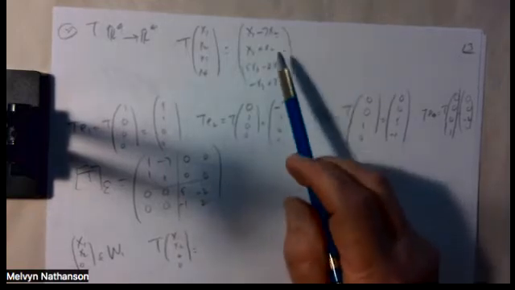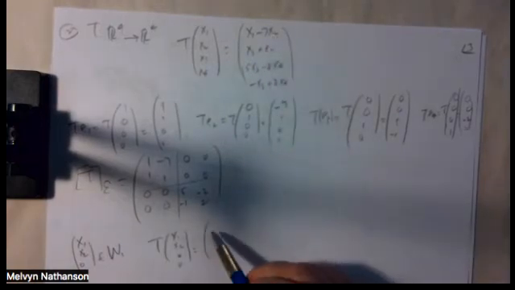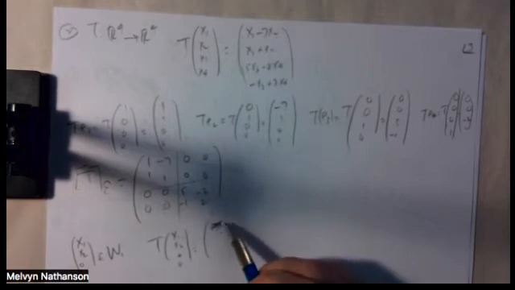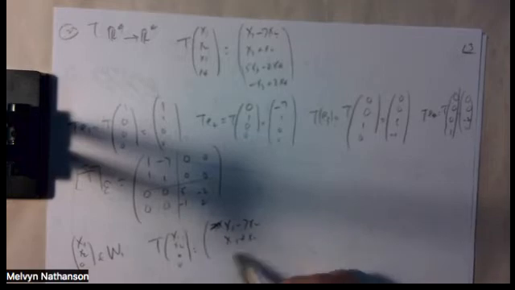And if you take a vector x1, x2, 0, 0 in this subspace that I call W1, where the third and fourth coordinates are 0, T of x1, x2, 0, 0, well, when you calculate this, you get x1 minus 7x2, x1 plus x2, and x3 and x4 are 0, 0, 0.